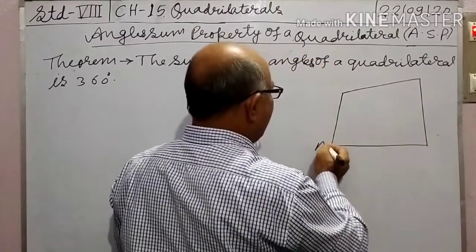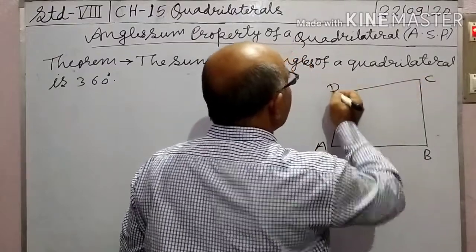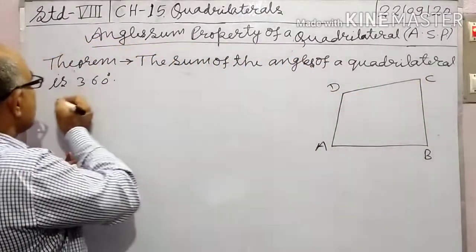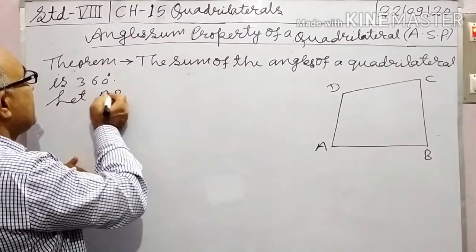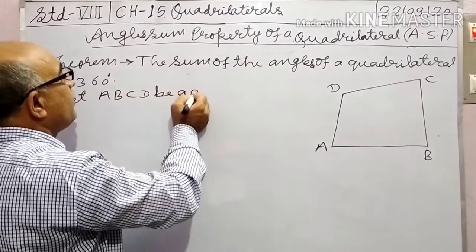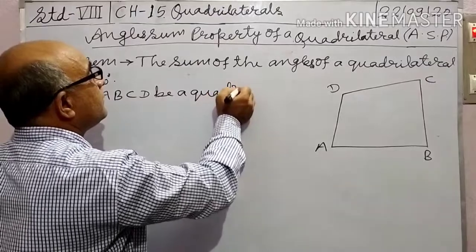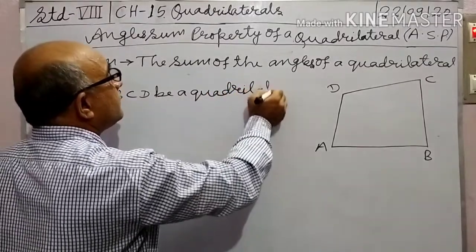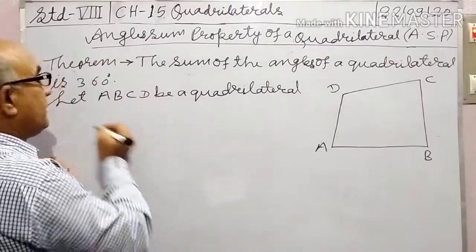Draw a quadrilateral ABCD. Let ABCD be a quadrilateral.